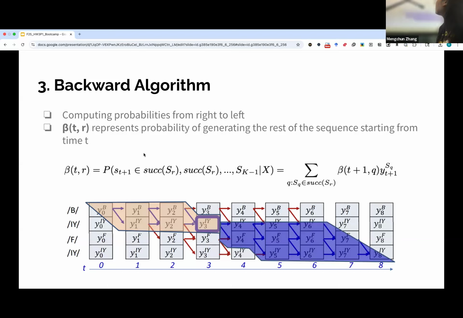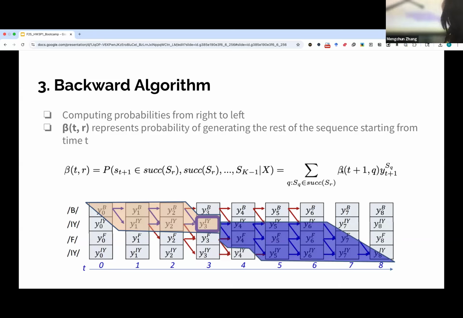As this equation shows, it is the sum over all the future states that come after your current state. The beta t plus 1, based on your current time state t, is then multiplied by this yt plus 1, which is the probability that your model predicts the next token at this next time step.